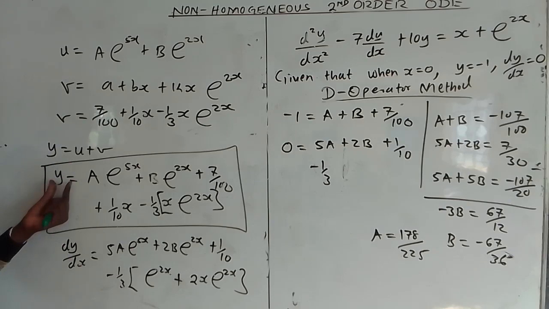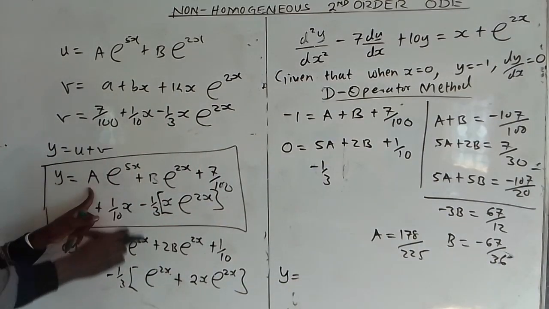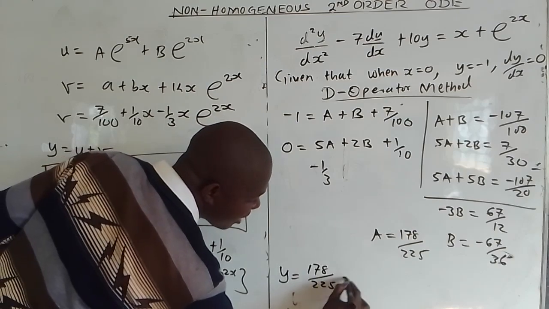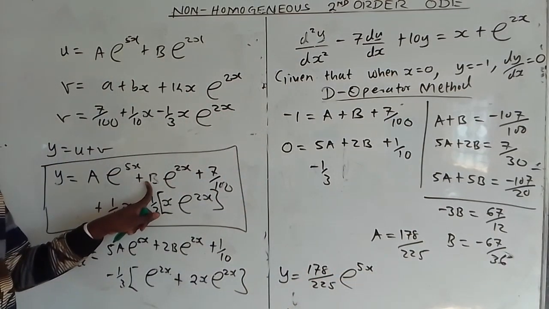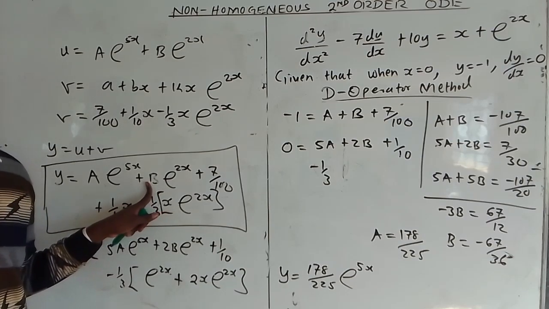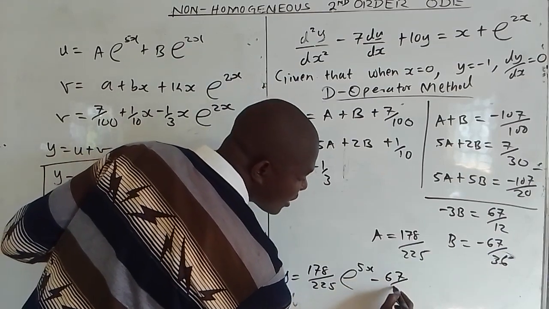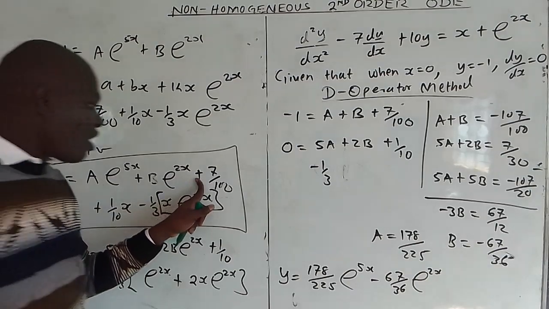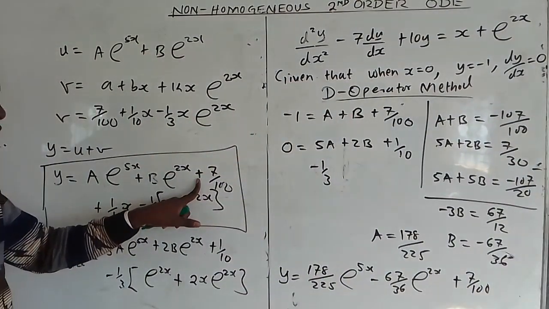Your solution is y is equals to, see this was the solution. Y is equals to A exponential 5x. What is A? 178 over 225 exponential 5x. Then it is plus B exponential 2x, isn't it? Are we together? What is your B? Negative 67 over 36 exponential 2x plus 7 over 100. Go on.